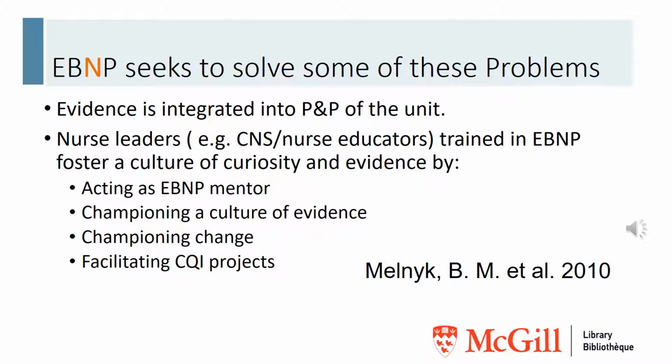And you have nurse leaders. These can be clinical nurse specialists, nurse educators, or other kinds of nurse leaders. And they are trained in this process. And their role is to foster a culture of curiosity and evidence. They act as mentors, they champion the culture of evidence, they champion change, and they facilitate CQI projects.